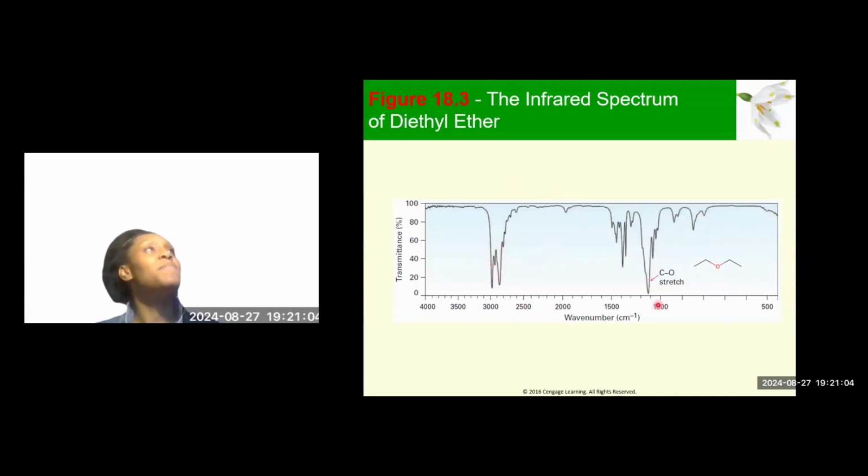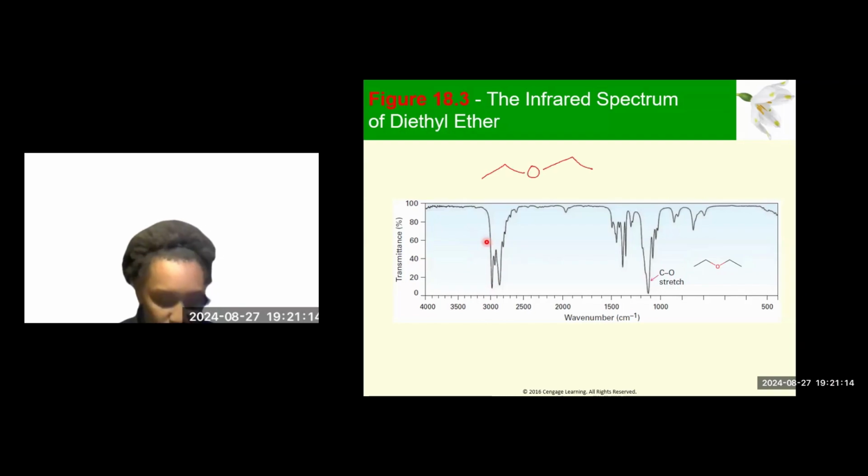So this is the infrared spectroscopy for diethyl ether. And if you notice with diethyl ether, I'm going to draw the structure real quick for you guys. Notice there's no double bonds, so all the peaks are below 3,000 there. All right. And so you also have that carbon-oxygen stretch there. And you see that it's broad because it's overlapping with other peaks.